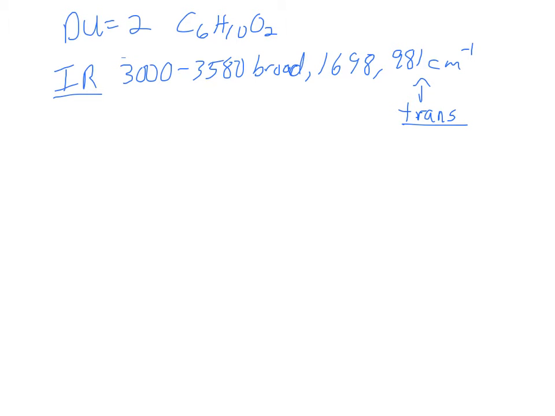Now we have the molecular formula. We've decided that there's a carbonyl, even that it's a carboxylic acid, probably. We decided there's an alkene, and that it's trans. So let's go ahead and subtract those pieces out.